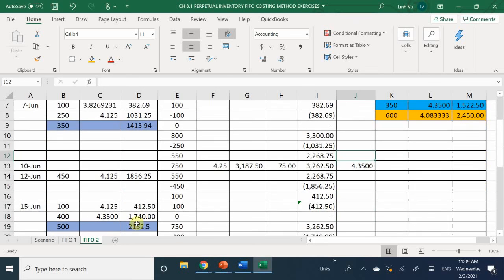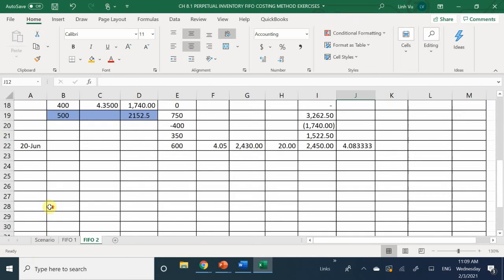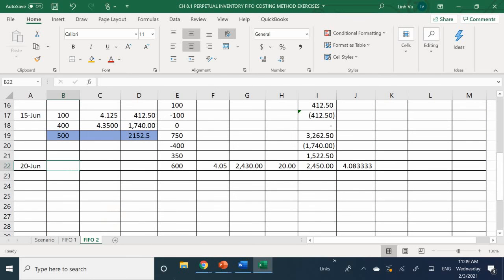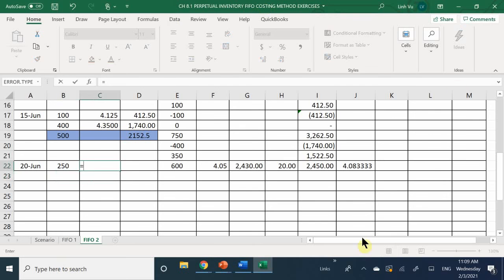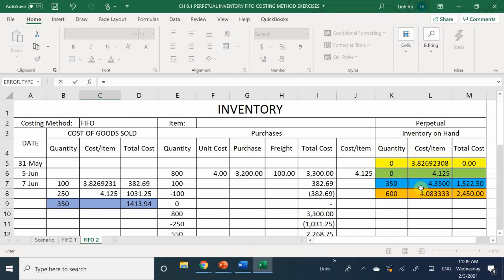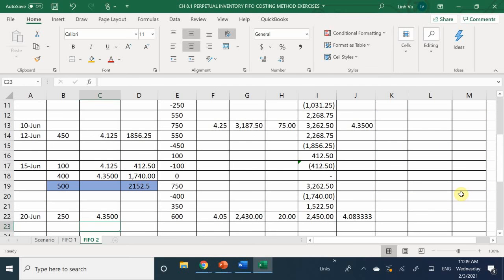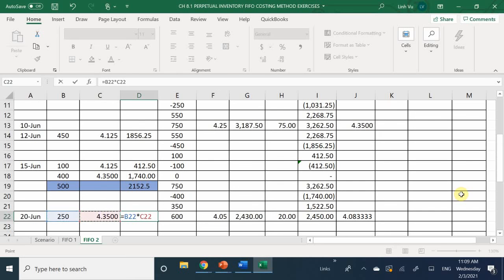We sold a total of 250, so we definitely have enough in our blue batch to dip in for our 250 items. Again, we know that this is an even $4.35, so I don't need to do my equal round formula because I know it's going to be even.